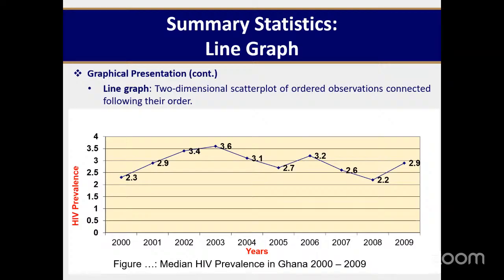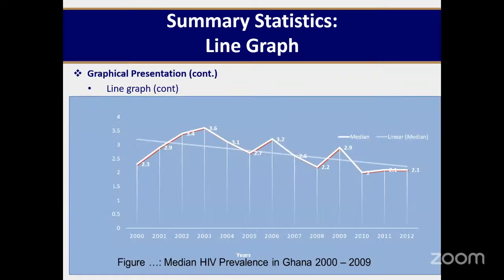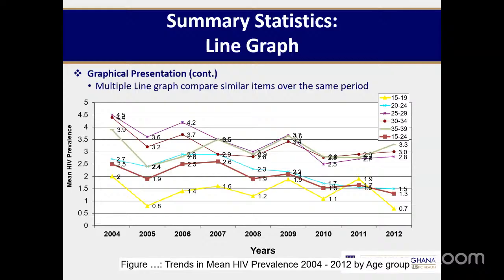Good. And you can even draw a median line across the graph that can tell you that there was a decrease in the prevalence. And this line graph can even be done for subgroups. The grouping in this case was based on the age of the study participants.